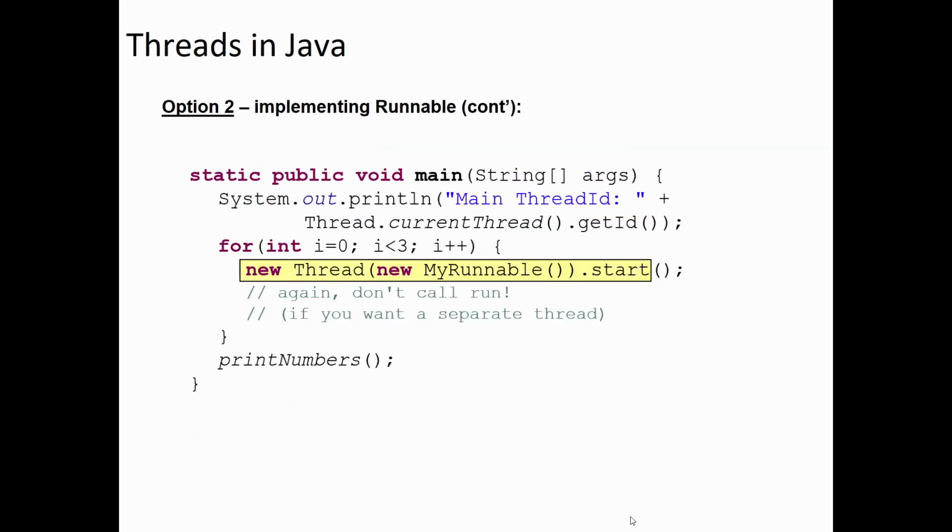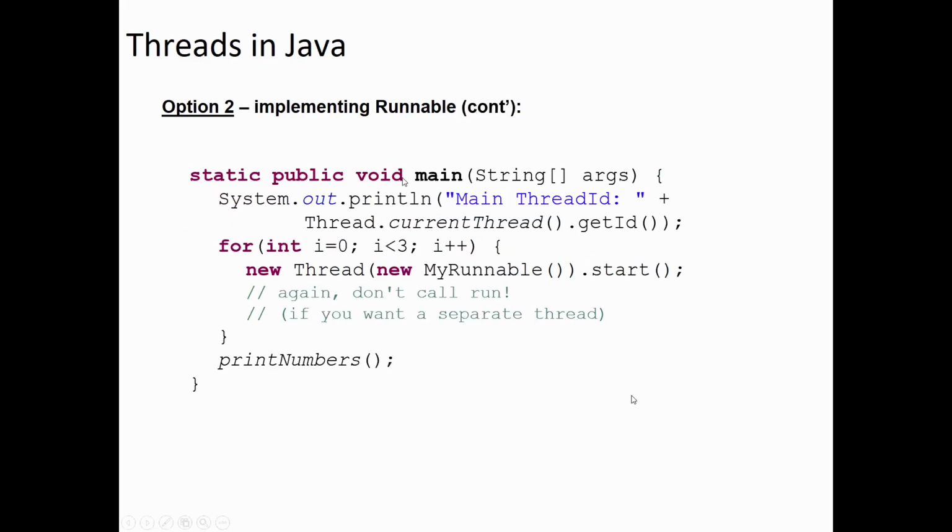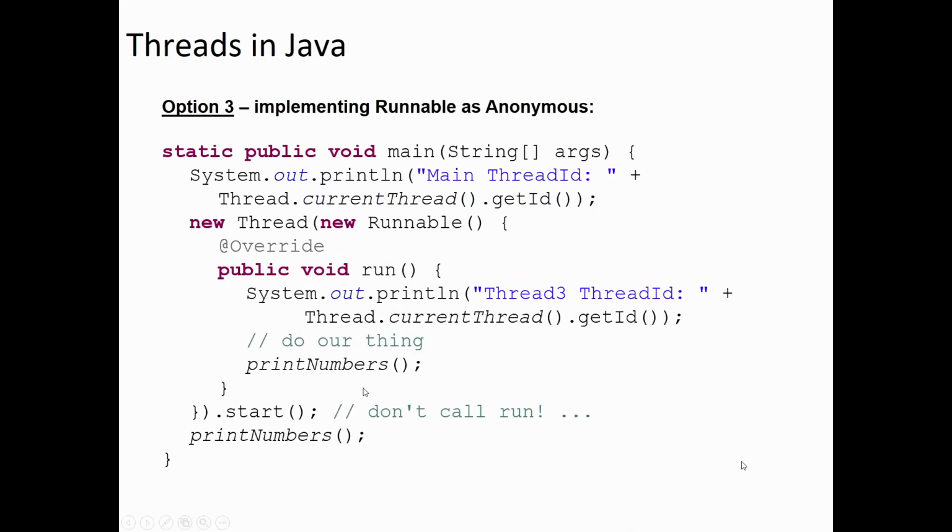So how are we running a thread and putting here an object that implements Runnable? Just look, it is exactly the same as the previous solution, but the difference is that we are not creating a named class with the run method.